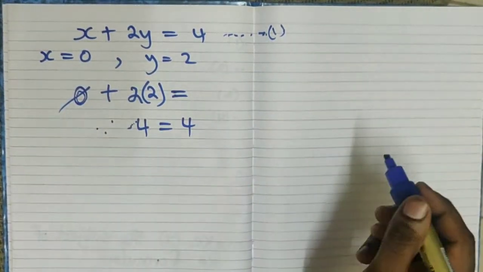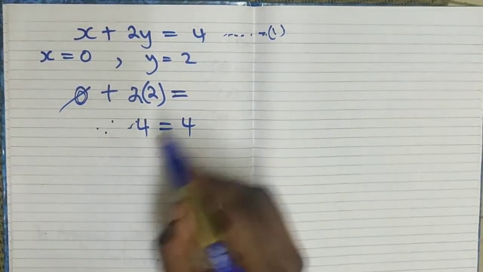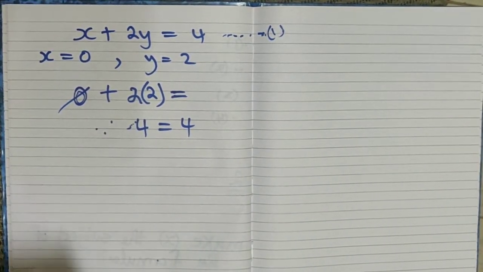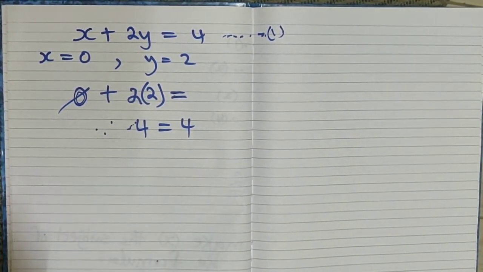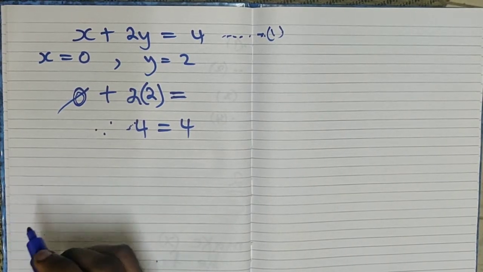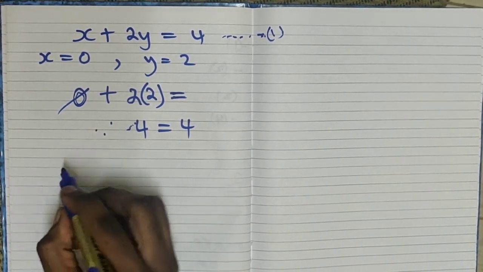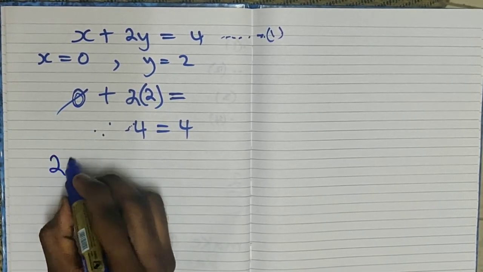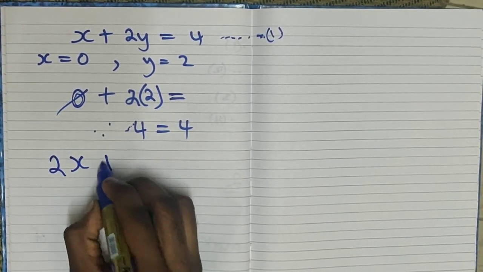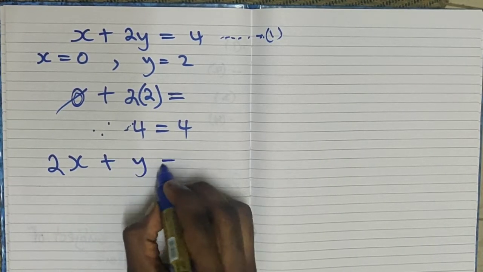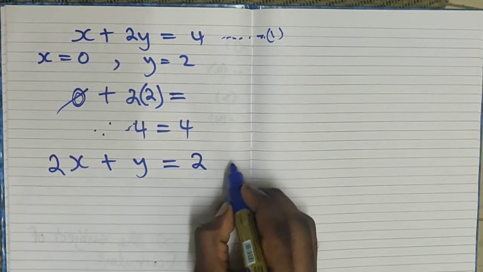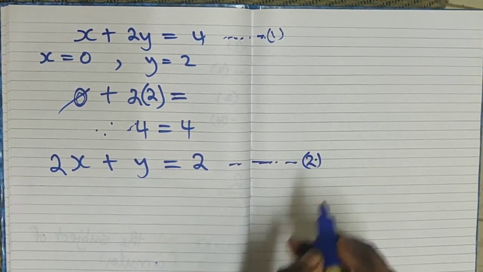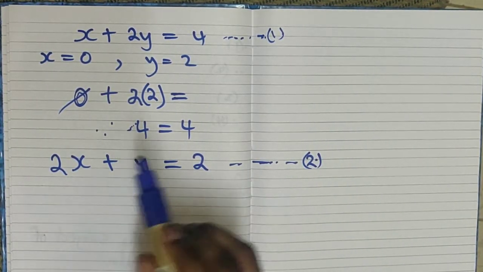Now let's use equation 2 to also prove. What was our equation 2? Our equation 2 was 2x plus y equals 2. Now let's substitute our x and y also.